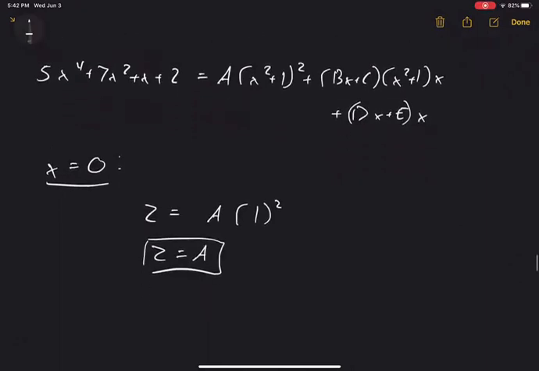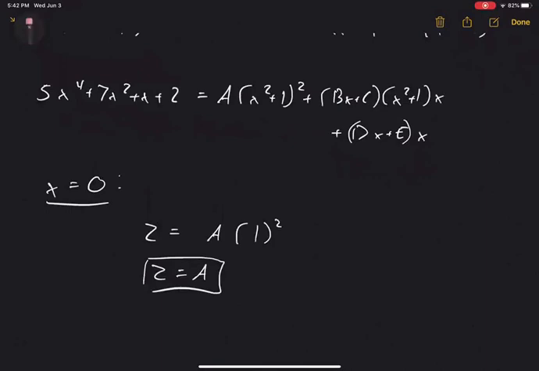Okay. Unfortunately, since this is irreducible and this is irreducible, and I've already plugged in x equals 0, nothing else I can plug in is going to give me cancellations here and here.